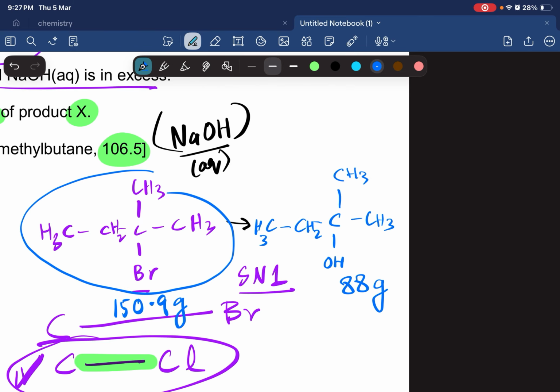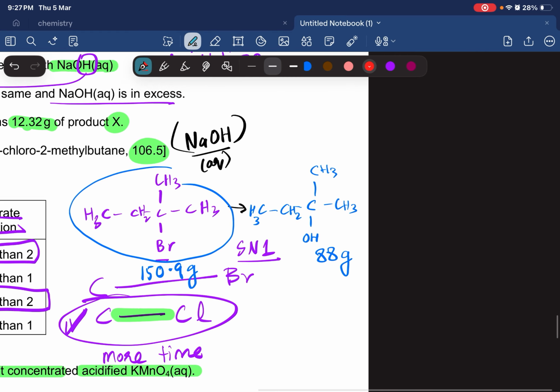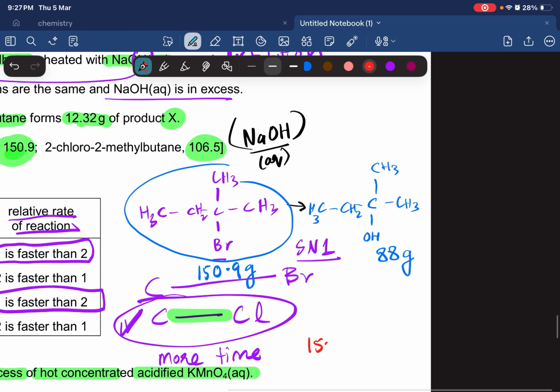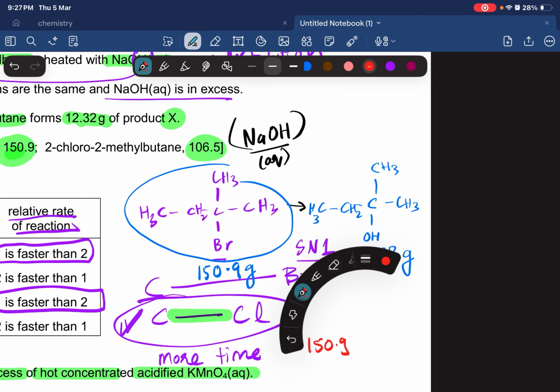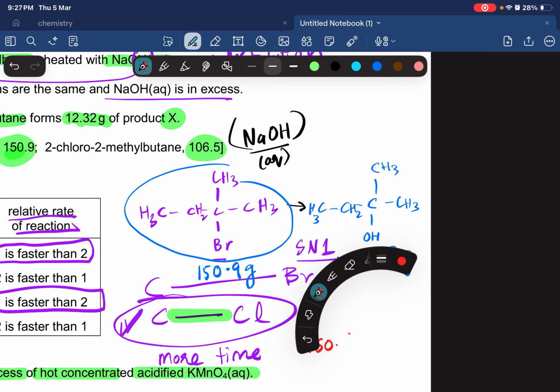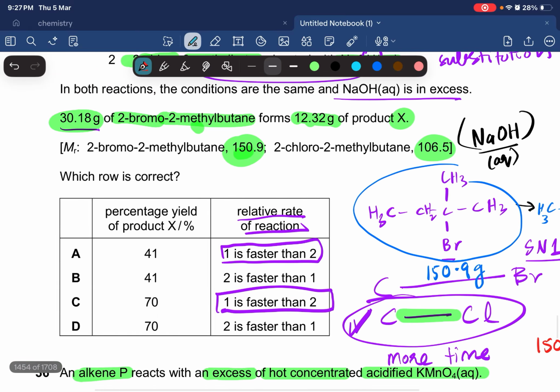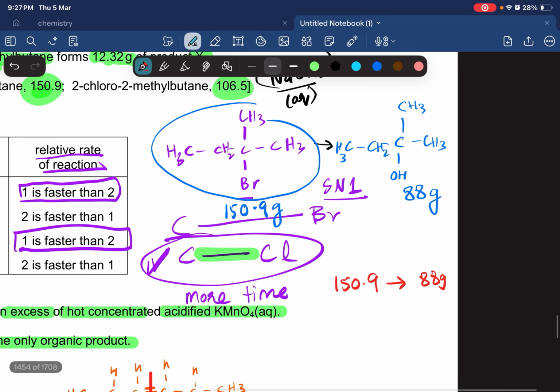Okay. Now let's make our ratio. From 150.9 grams of my reactant, I should get 88 grams of this. So if I have 30.18 grams of my reactant, I should get X grams of my product.